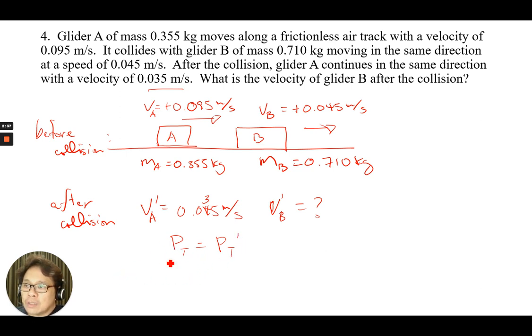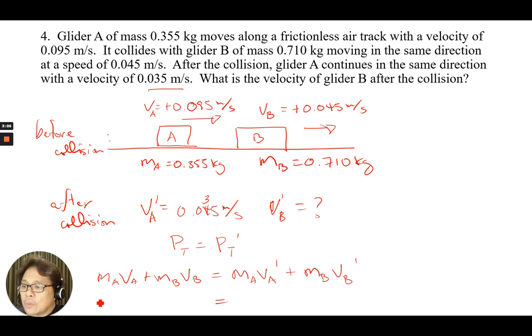What is the momentum before collision? You have MA VA plus MB VB. So this is the total momentum before collision. And then after collision, we have MA VA prime plus MB VB prime. So the prime symbol here means after collision.